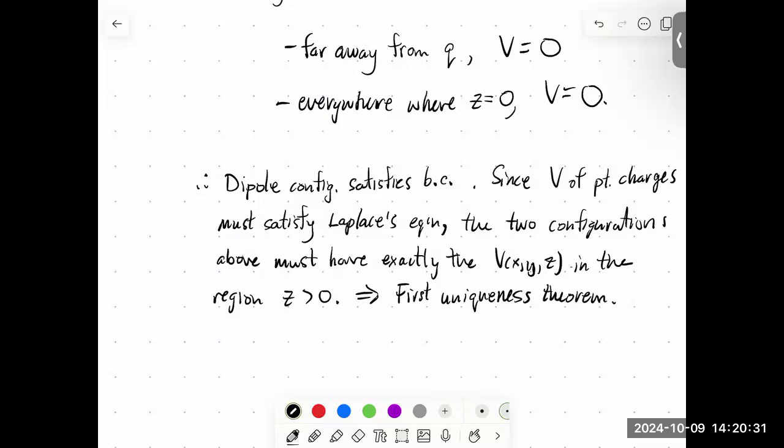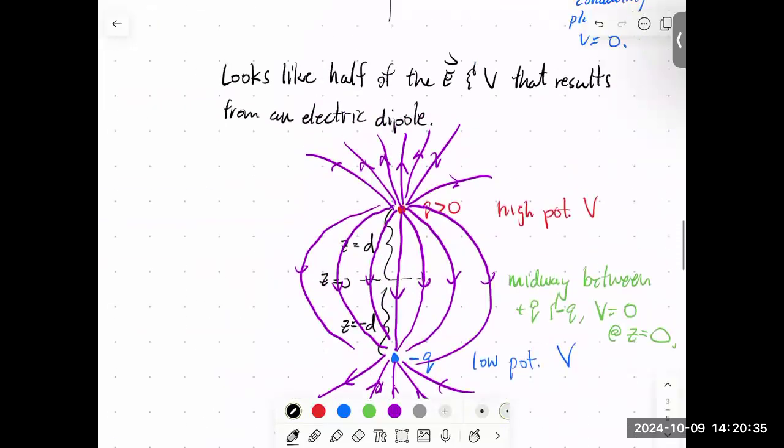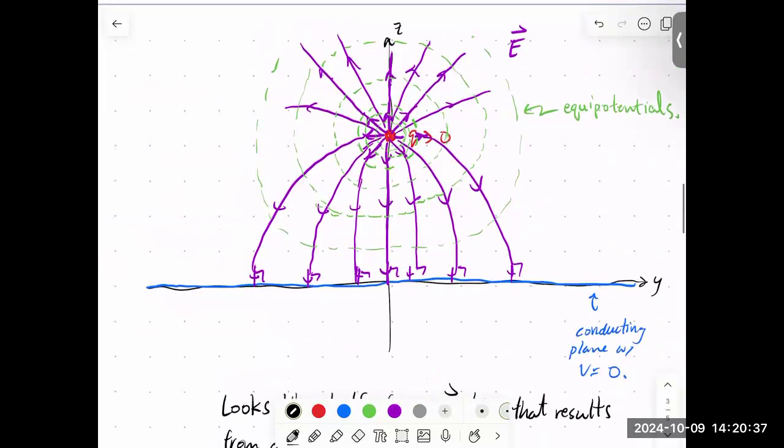Now, the reason it's called the method of images is because, in order to make an equivalent configuration of charge, we've treated the conducting plane as if it was a mirror, and we get an image of this charge on the other side of the plane, but we have to change the sign from positive to negative, or if this was negative, we change this one to positive.